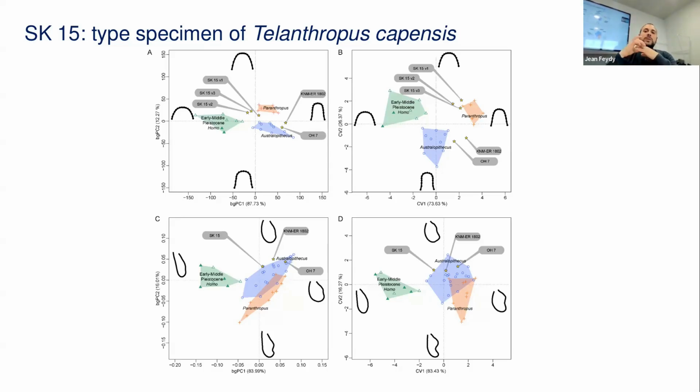And you can see here that the CVA based on a few PC scores and the BGPCA using all of the raw data give the same kind of plot and the same results. And also the hierarchical cluster is the same. So yes, we can account for these issues related to the higher number of variables.